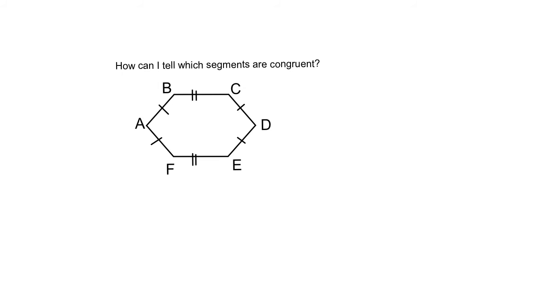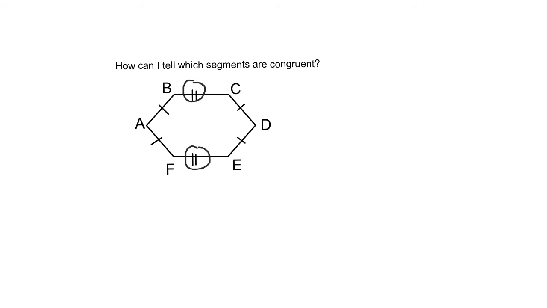So in this example, we have a hexagon, okay? And the question is, how can we tell which segments are congruent? Look at the tick marks. Segment BC and segment FE have 2 tick marks.